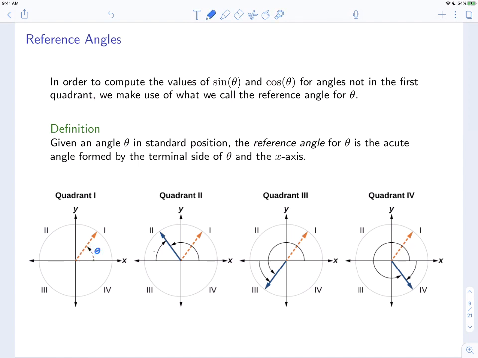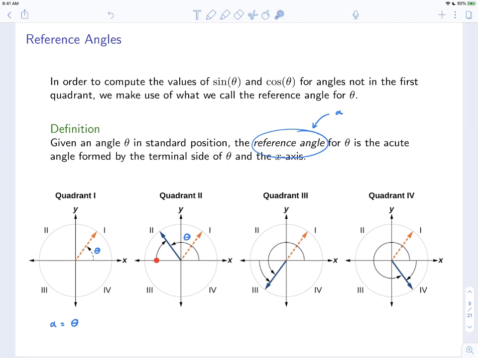Let's call the reference angle, let's give it some name. Let's call it alpha, just to make it easier to write down. So if you're in the first quadrant, then alpha is actually equal to theta. If you're in the second quadrant, that means you're over here. So first of all, what is theta? Theta is the angle from the positive x-axis to the terminal side. So theta is this wide angle here. So that's theta.